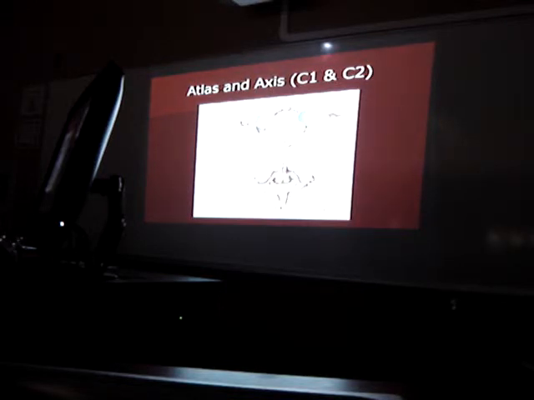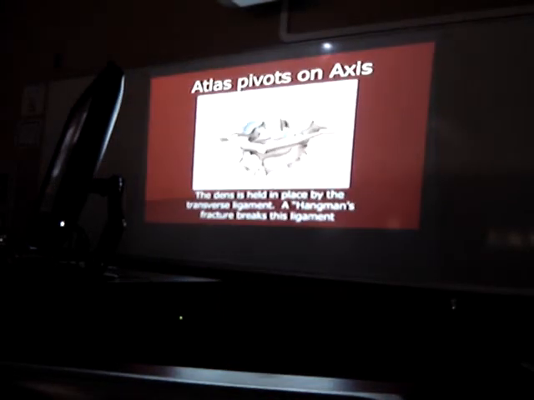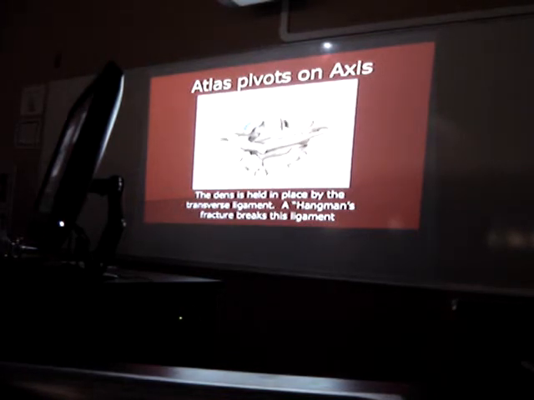And C2 is marked by a peg called the dens, or the odontoid process, that fits right into this position right here. And C1 pivots on this peg. And here you see that both of them fit together. This is C1, and this is C2.